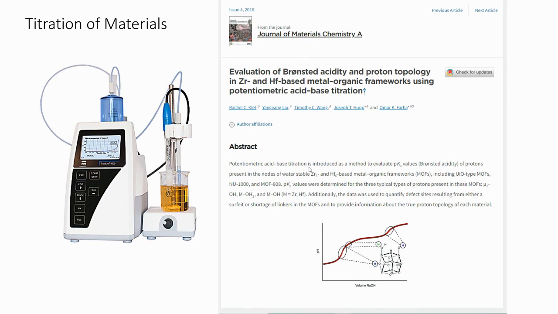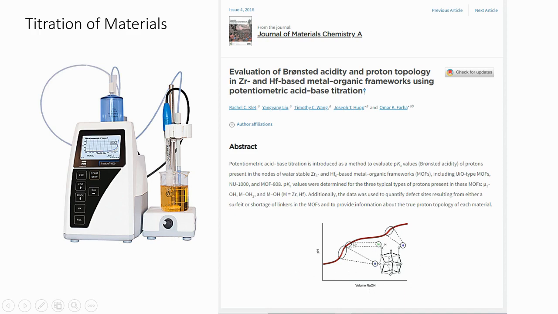I have used titration before. I did this in my research. These are all people that I've worked with. This was my PhD advisor, this person here, Joseph Hupp. These people wrote a paper on titrating a material. The material that we worked with a lot had these zirconium oxide spots in it.